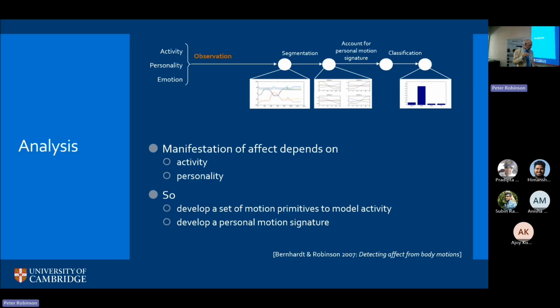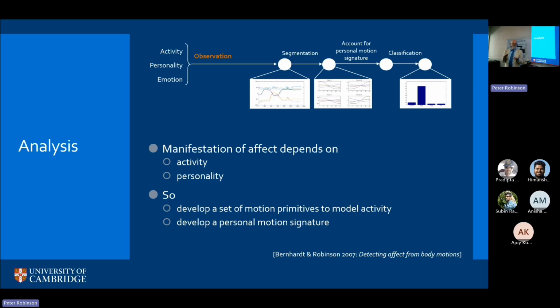It turns out that this is not as general as face and voice. Different people have just general levels of different activity. And so this system, you have to train on an individual for it to be useful.